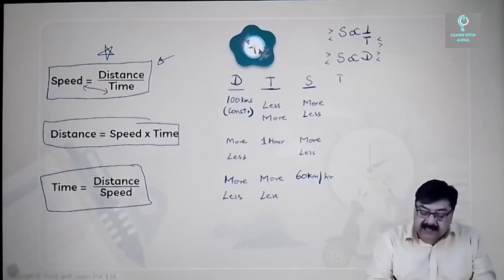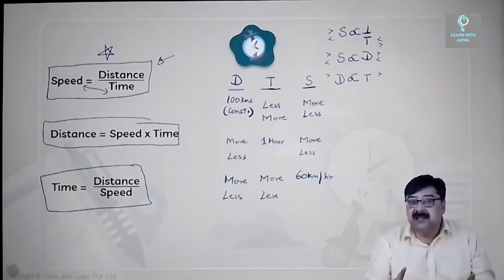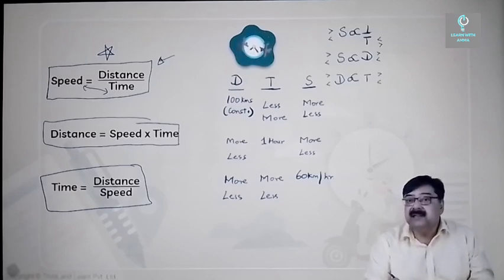So distance and time are directly proportional. More the distance, more will be the time required to cover that distance at constant speed. Lesser the distance to be covered, lesser will be the time required.